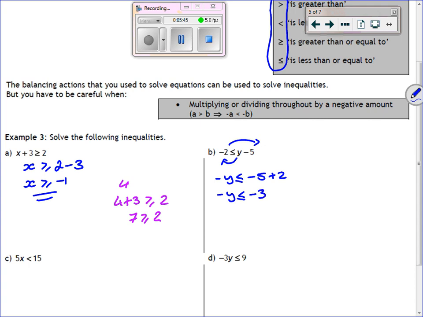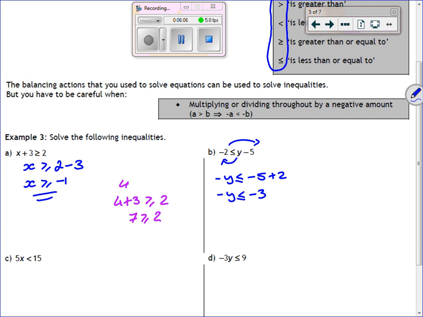Now, when we want to solve any sort of equation or inequation, we always want it to finish with positive x, positive y, positive z equals, if it's an equation, we want it to be one of those four symbols with a positive letter if it's an inequation.